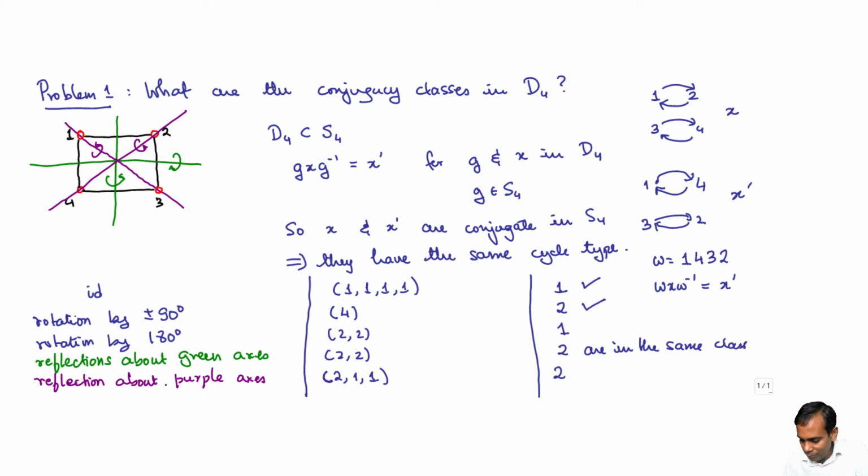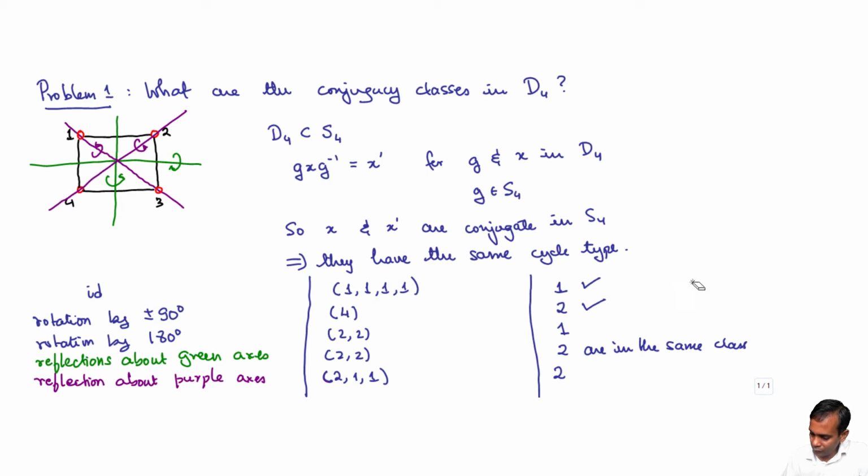And then let's look at reflection about purple axes. The first element, about the axis 1 3, has two fixed points, 1 and 3, and one 2-cycle, namely 2 goes to 4. The other one has fixed points 2 and 4, and interchanges 1 and 3; let's call these X and X prime.